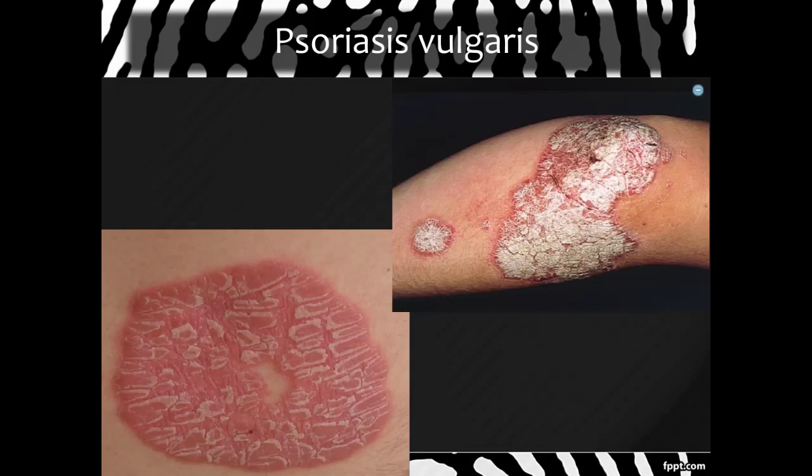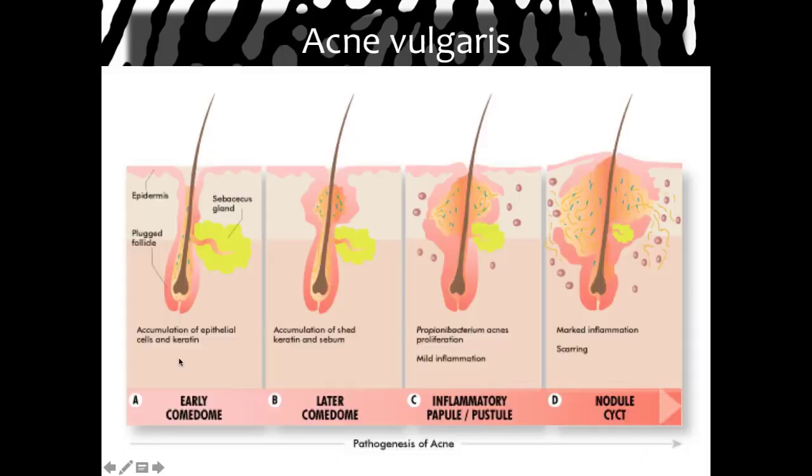Psoriasis is a very common autoimmune non-infectious disease, which is characterized by hyperkeratosis in some places on the skin, associated with chronic inflammation of the skin.